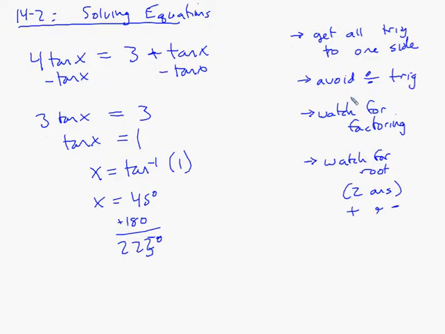So when we have cosecant, cotangent, or any of those reciprocal functions, I need to go ahead and switch them. So I'm going to switch cosecant to sine. While I did say over here that we want to avoid dividing by trig functions, it is okay to multiply by them. So I can multiply trig functions on each side.